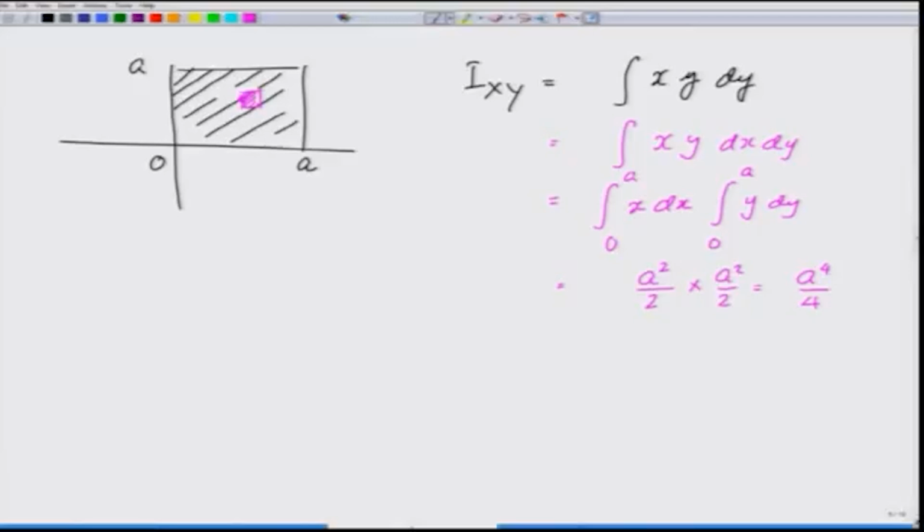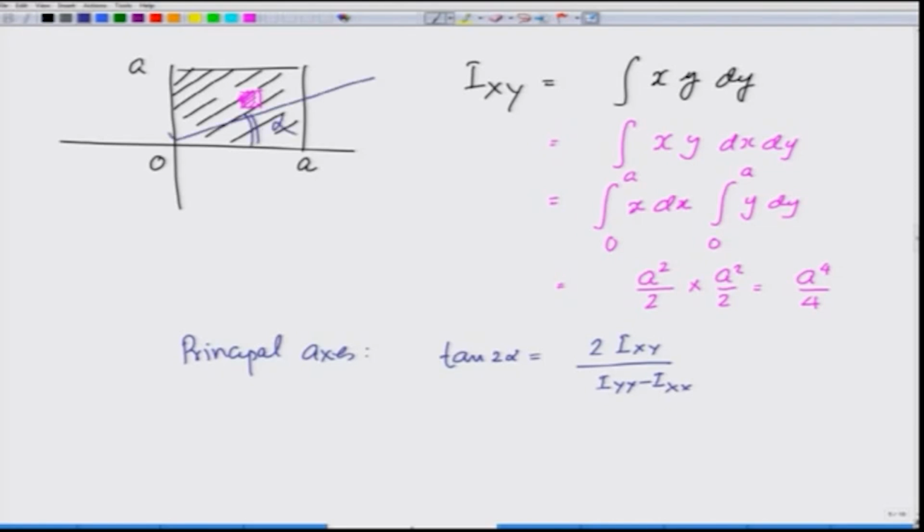Now, if I were to find the principal axis, remember we had the formula tangent to alpha equals 2 Ixy over Iyy minus Ixx, where tangent to alpha is the tangent of this angle alpha through which I have to rotate the axis to find the principal axis.